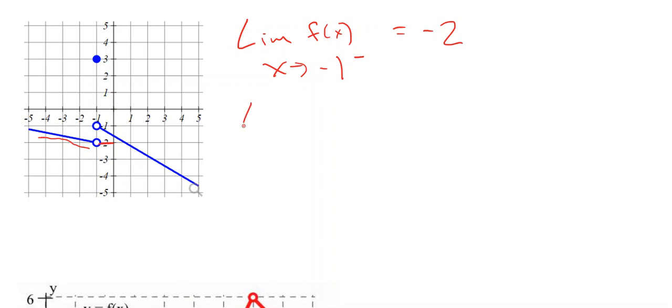But as we approach x equals -1 from the right, that would be coming over this way, coming along the line.